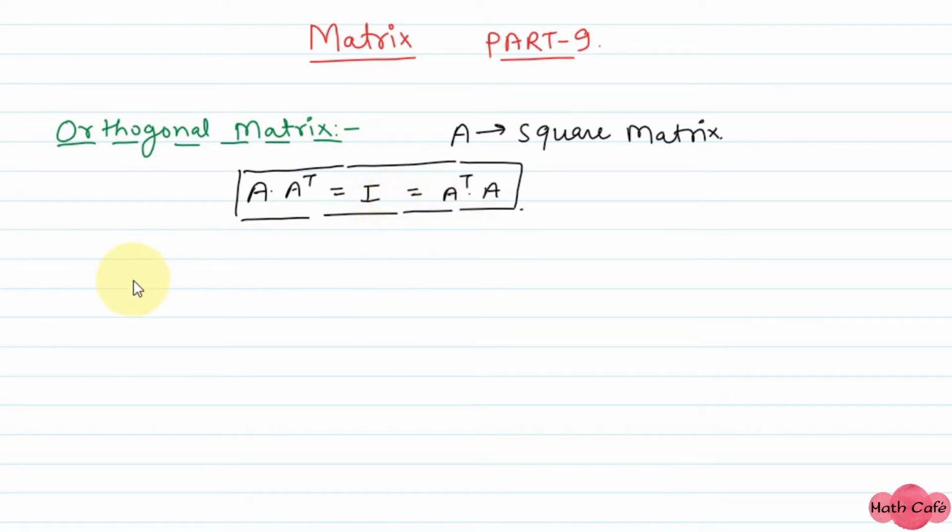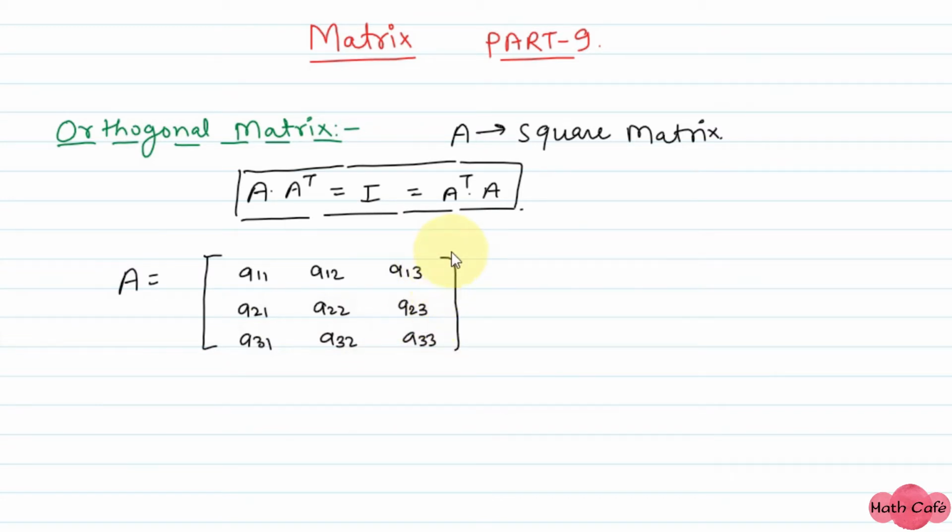All right. So let's say any matrix A is given to us, A11, A12, A13, A21, A22, A23, A31, A32, A33.